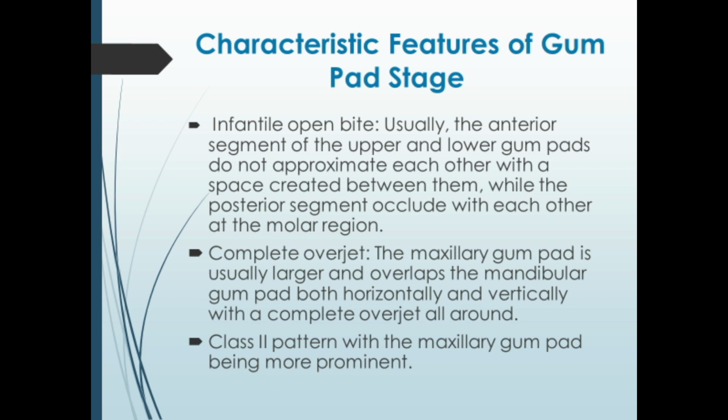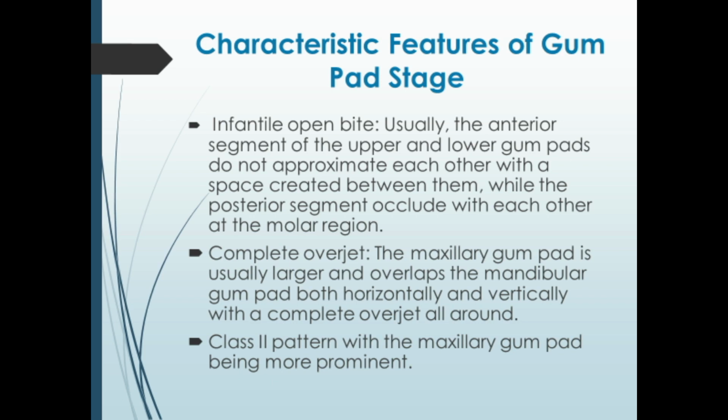The tongue is positioned in this space between the upper and lower gum pads during suckling. This infantile open bite is transient and gets self-corrected with the eruption of deciduous incisors.